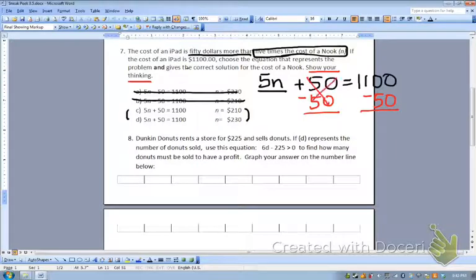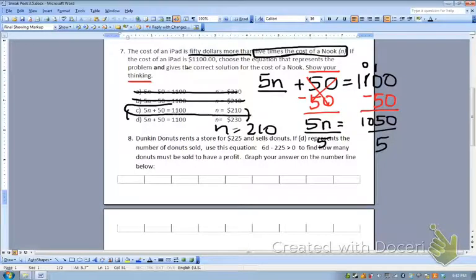They cancel out here, and I get 5n is equal to, I better do some borrowing, that's 1,050. Well, now I know that I can divide by 5 to get n by itself, and n is equal to 210. And look at that. There is my correct answer right there.